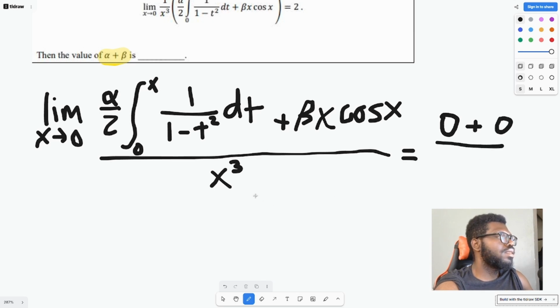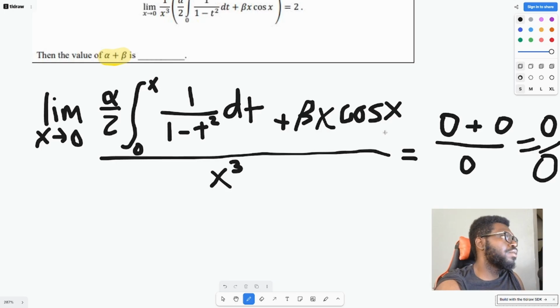And then in the denominator, you have x cubed. Again, as x approaches 0, x cubed is just going to approach 0, which means that we have 0 over 0 here. Well, we can't divide by 0, and our limit is supposed to equal 2. What the heck is going on here?